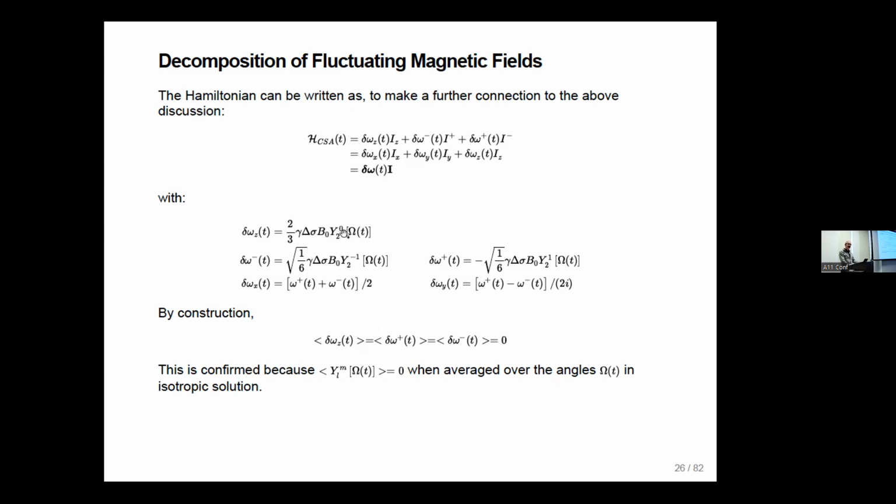The signal at t plus tau is the spherical harmonic at t plus tau. I multiply them together and average all of these parts, the 2/3, the gamma, the delta sigma, the B naught. They're all constants, they factor out. And the important thing is the average of the spherical harmonics at 2 different times. That's the correlation function I care about.